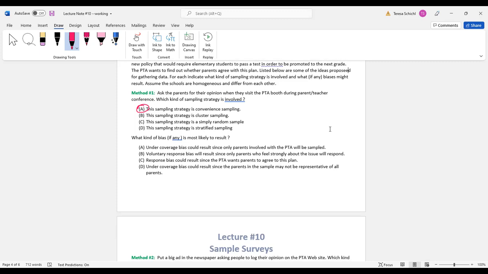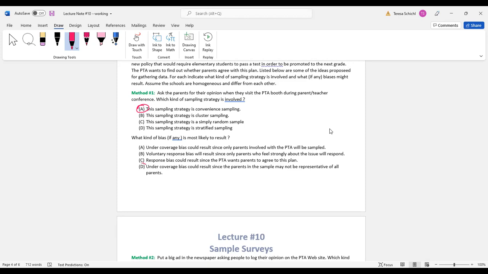So what kind of bias could this cause? Remember, this is a convenience sample. It will be undercoverage, because parents stopping by doesn't mean every parent will stop by.